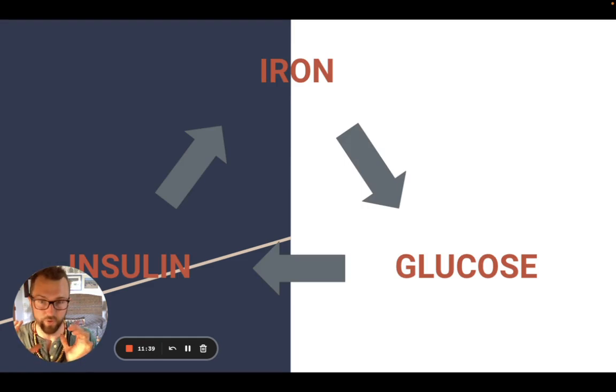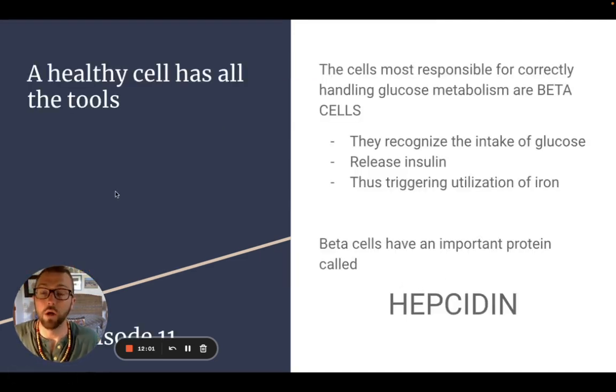So again, we've got this love triangle going on, right? Glucose, we eat it, leads to the insulin response, right? Insulin's released. That signals iron to be taken in to make sure that our glucose is used. Make sense? So a healthy cell has all the tools to manage what it needs to do.